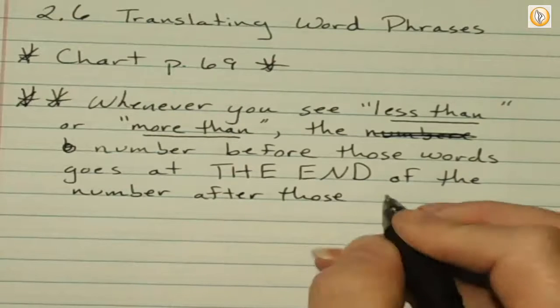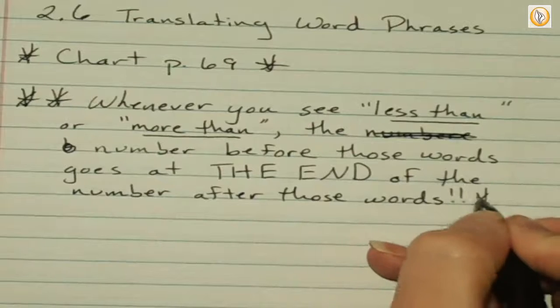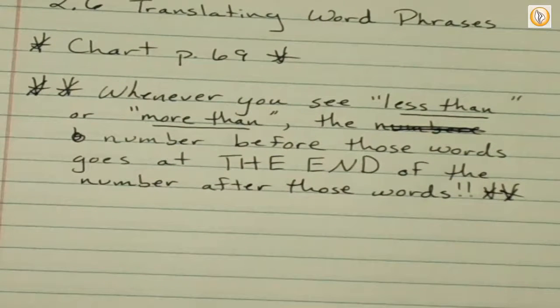That really is confusing, but I'm about to show you what I mean. Whenever you see less than or more than, the number before those words goes at the end of the number after those words, and I'm about to show you.